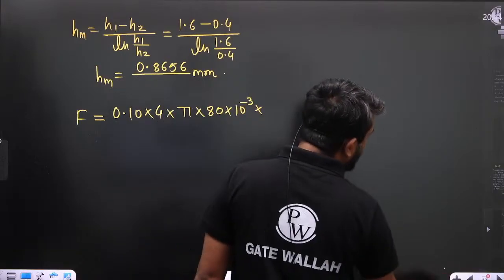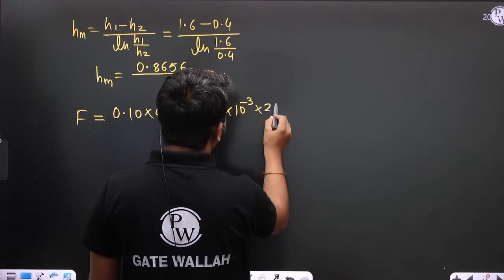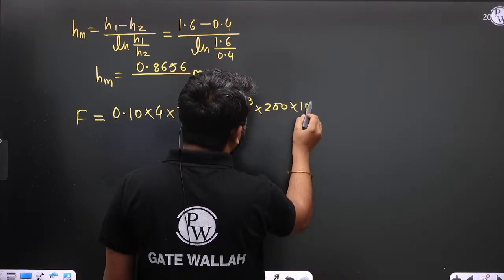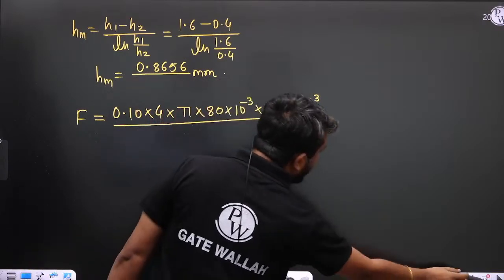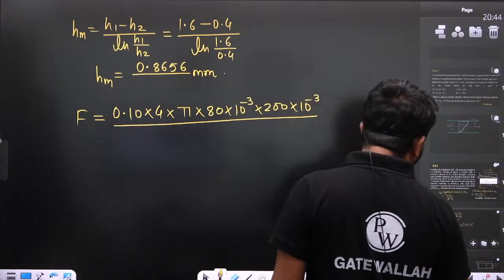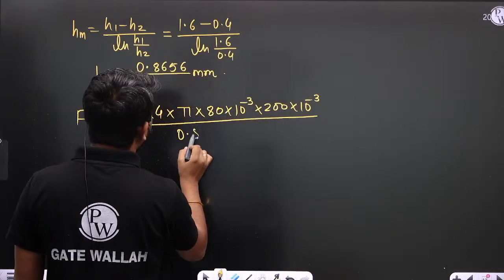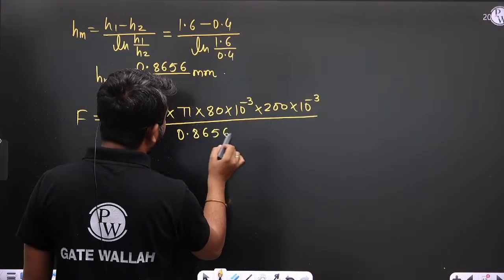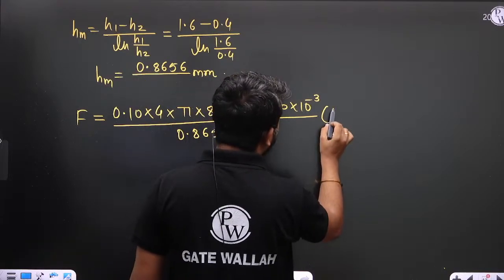L is 200 millimeter, so this is 200 into 10 to the power minus 3, divided by HM. And that HM is 0.8656 into 10 to the power minus 3. So this comes in Newton.